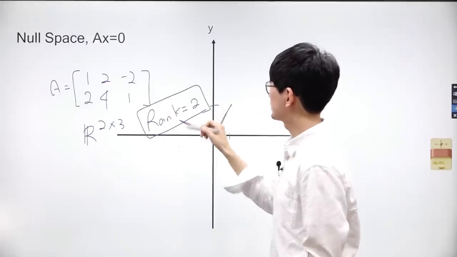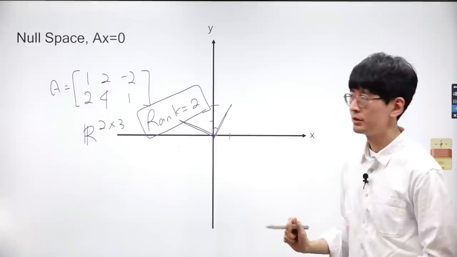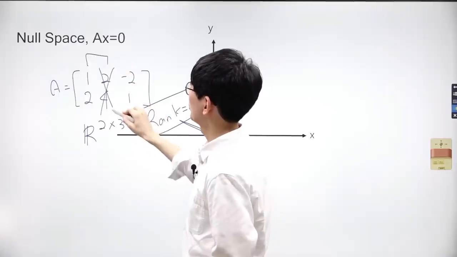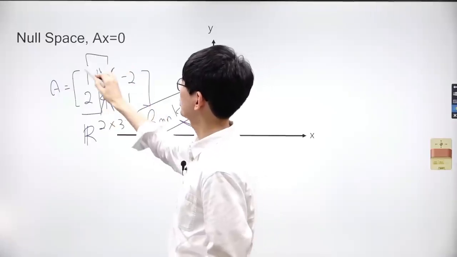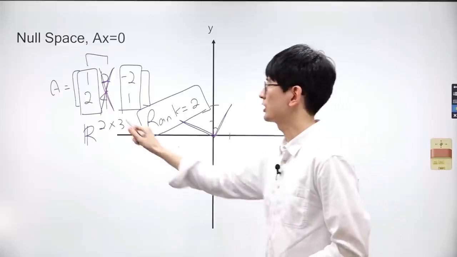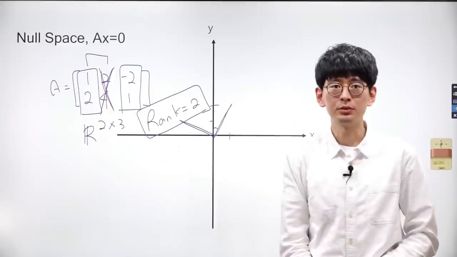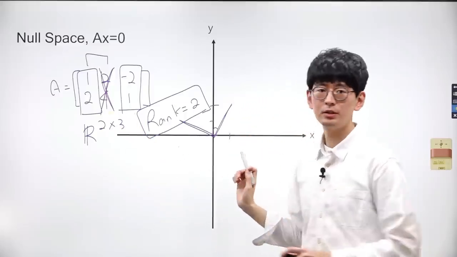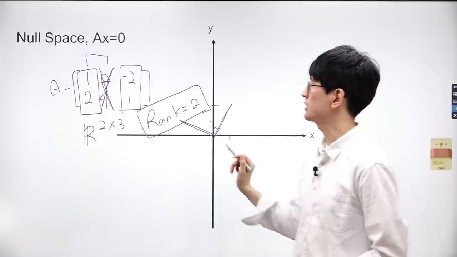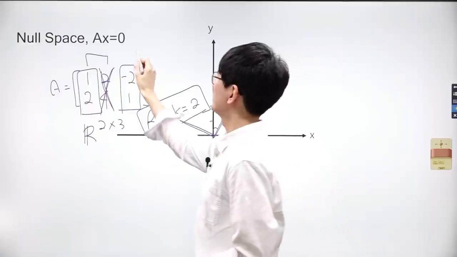Since vectors 1, 2, and 2, 4 are linearly dependent, removing one of them from the matrix still allows the vectors within the matrix to span the entire plane. Therefore, the remaining 2 vectors 1, 2, and -2, 1 serve as the basis vectors for a 2-dimensional space, capable of spanning the entire plane.